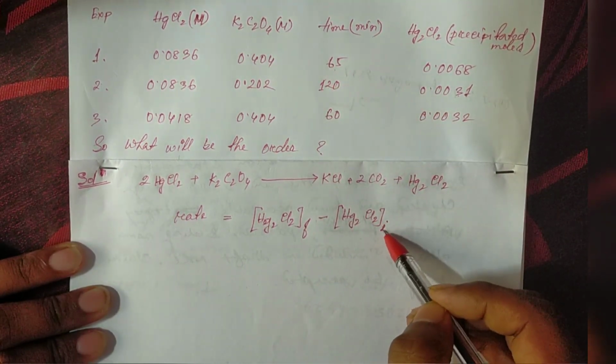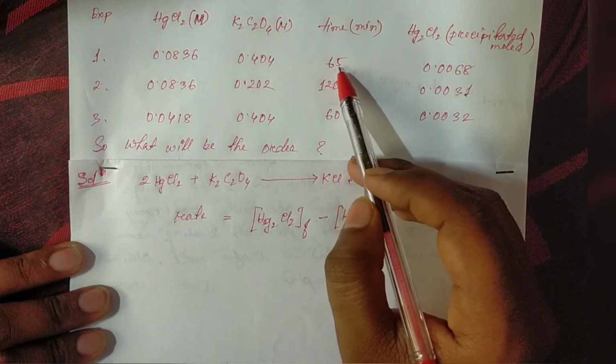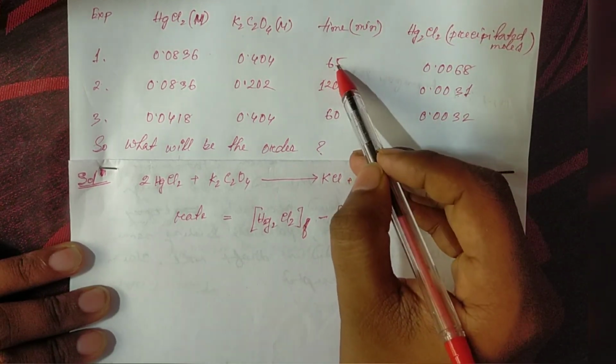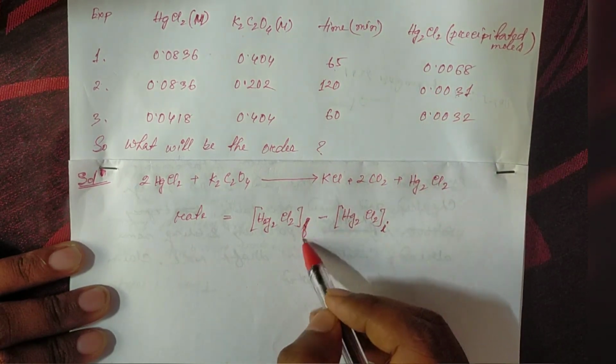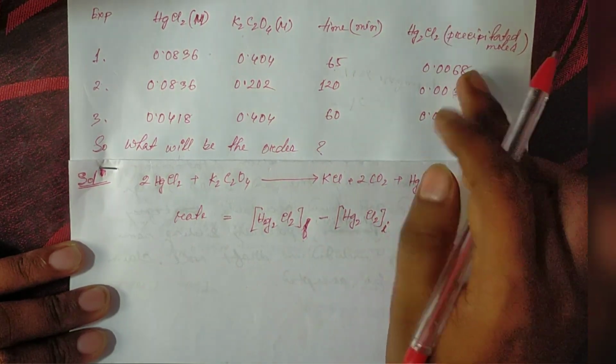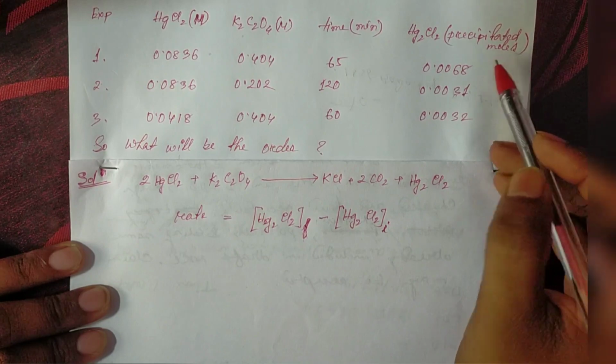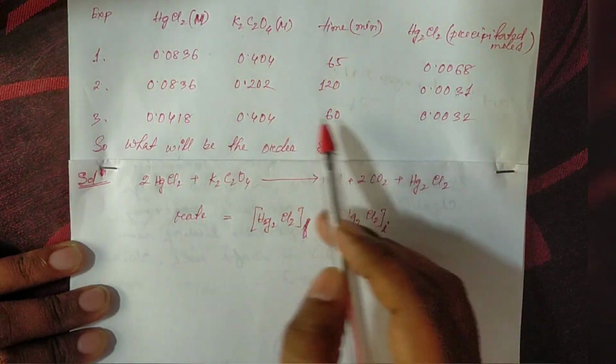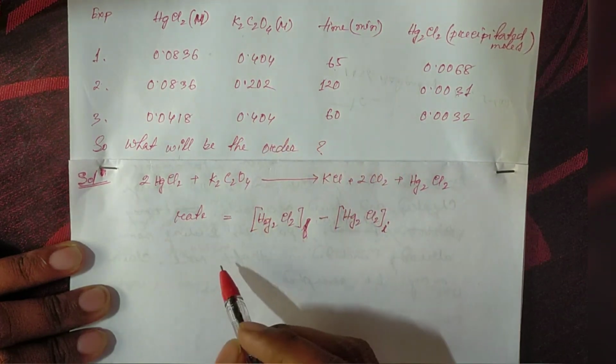At the initial stage the time is 0, and at 65 minutes, the final time, the precipitated moles are this one. So for these three experiments, we will calculate the rates.